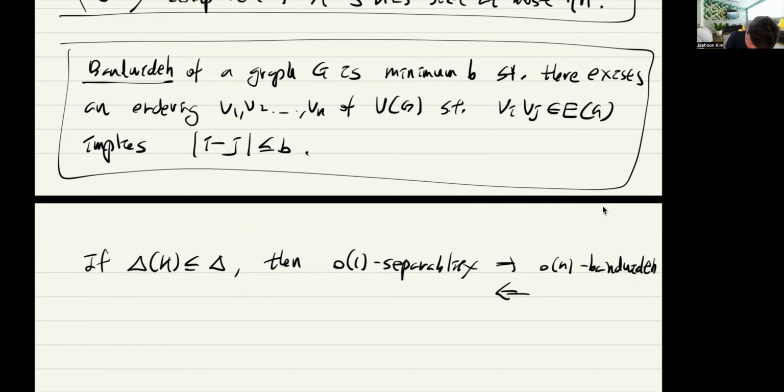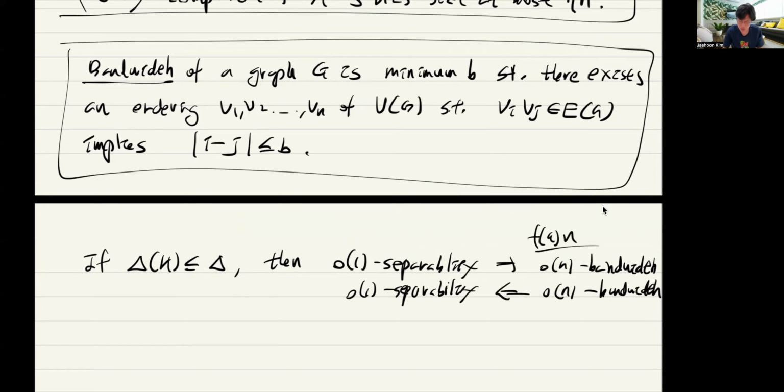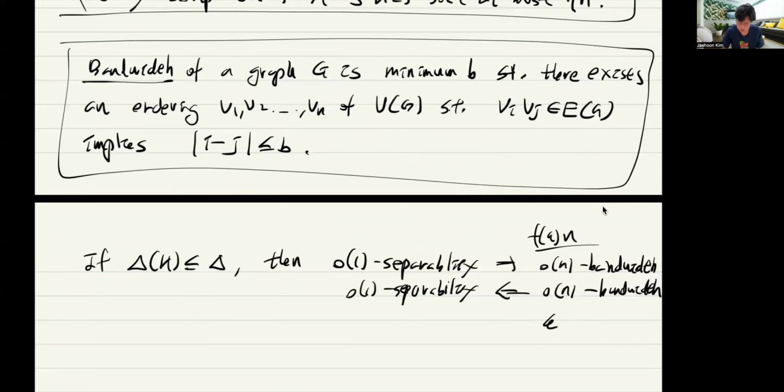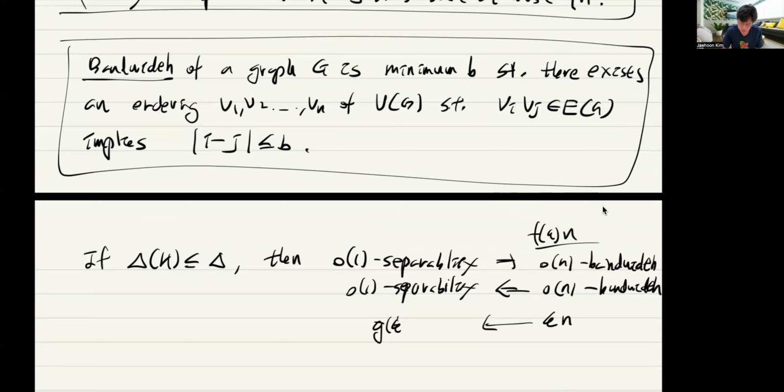And little-o of one bandwidth implies little-o of one separability. So it's the same situation as before: if you have epsilon separability, then it implies f of epsilon bandwidth. And if you have epsilon bandwidth, it implies g of epsilon separability.